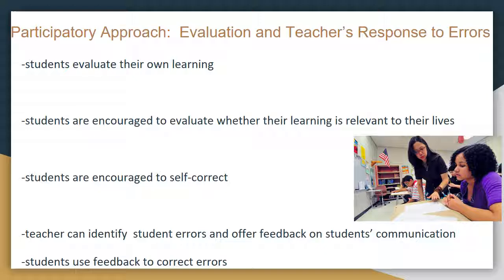Students are encouraged to self-correct. The teacher can identify student errors and will provide feedback, especially on students' written communication. But students are also regularly encouraged to self-correct and to correct in a positive manner, constructively, their partners and their colleagues in the classroom, their fellow peers.